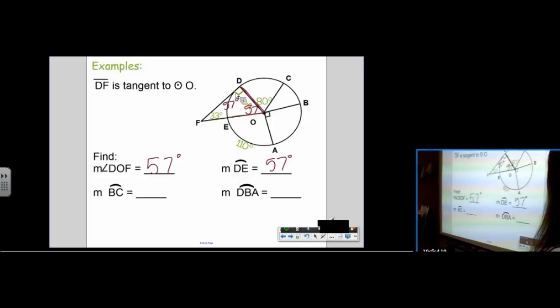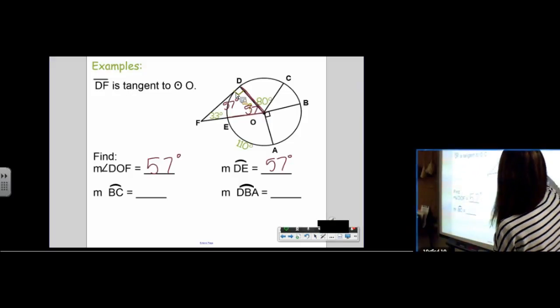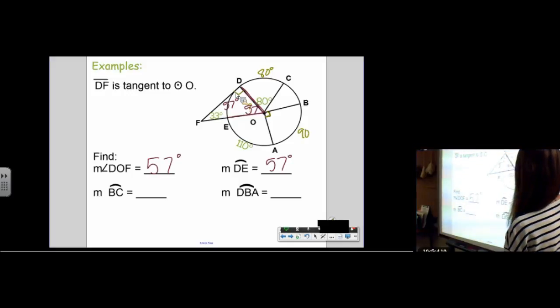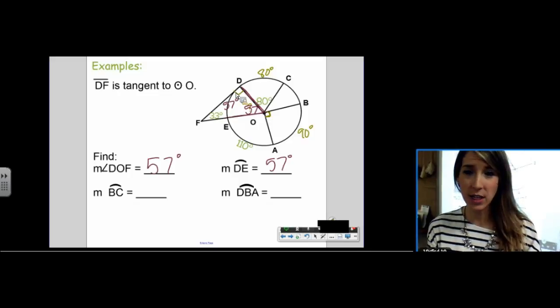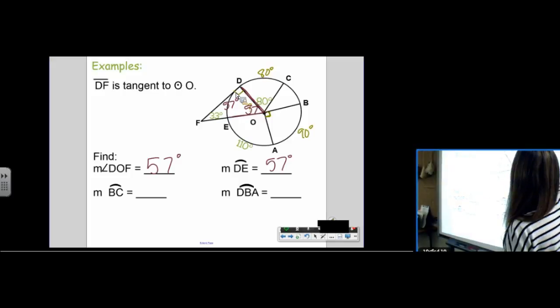What about arc BC? Well, let's label some more arcs. Let's use what we know about central angles. 80, 80, 90, 90. Now I can use the fact that circles have 360 degrees to find arc BC. 23.